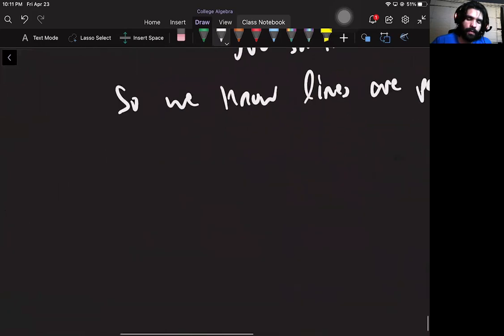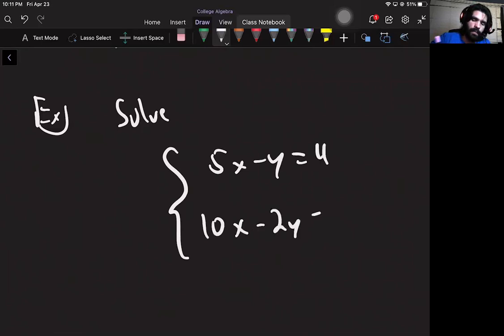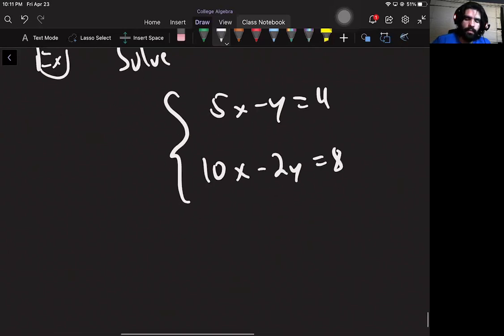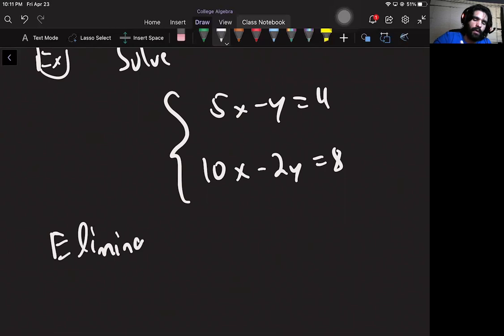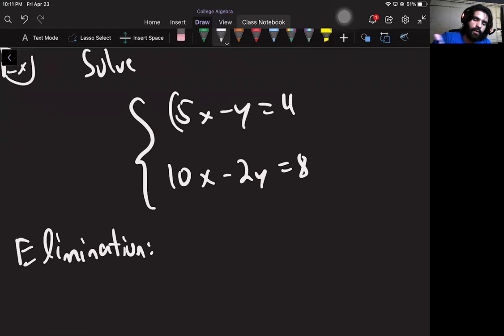And now let's see the other weird example. 5x minus y equals 4. 10x minus 2y equals 8. So again, I'll do elimination just because that's the one that usually requires more practice. In this case, I will multiply the first equation by negative 2 this time.